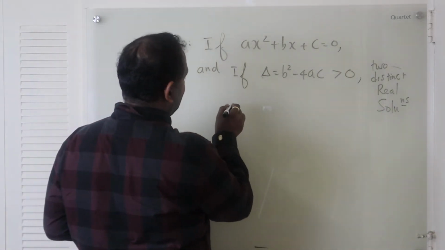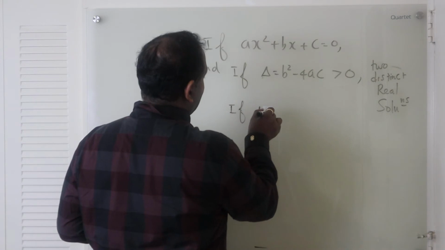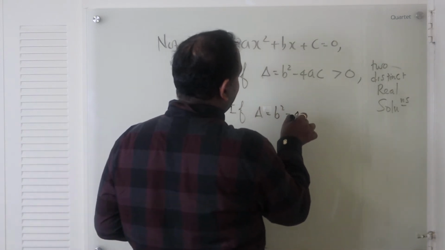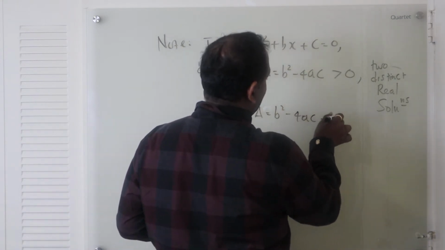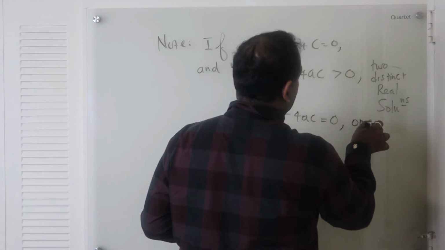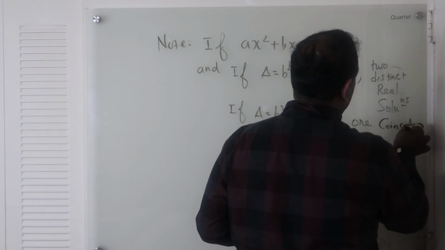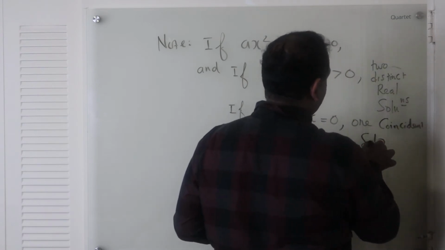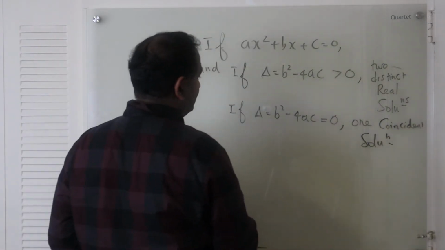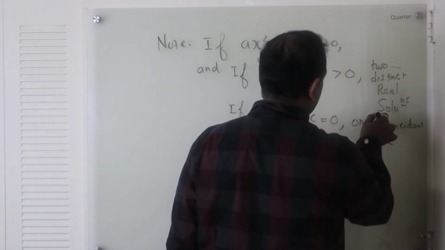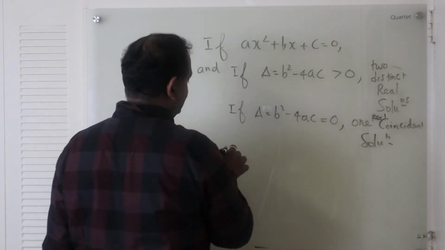If delta, b squared minus 4ac, is equal to 0, one coincident solution, just one real solution.